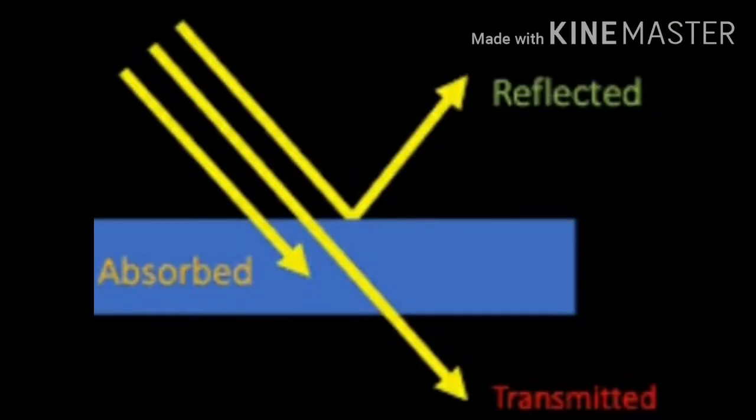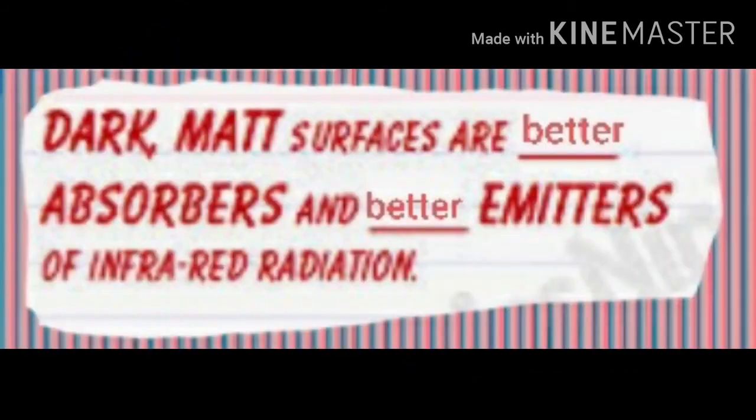The amount of heat which a hot object can emit by radiation also depends on the color of the object. The hot objects having dark colors emit more heat radiations than the hot objects having light colors.